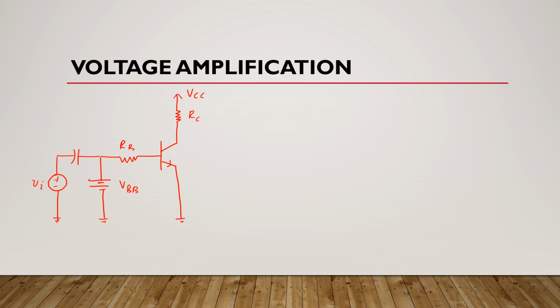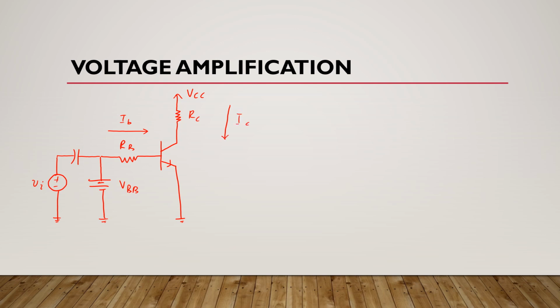Now in this configuration, this AC input voltage produces an AC base current IB, which will flow in this direction. Now this AC base current will result in a much larger AC collector current, which will flow in this direction, IC.